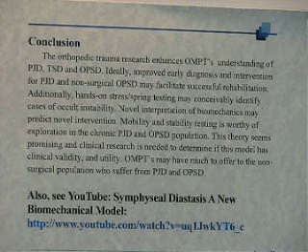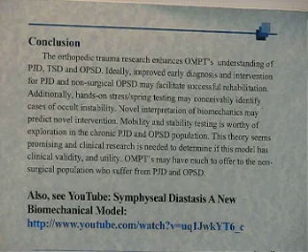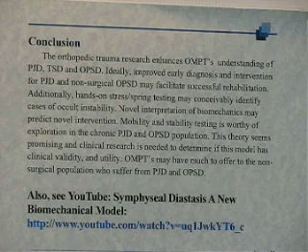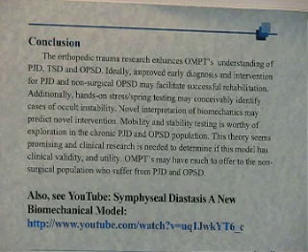Ideally, improved early diagnosis and intervention for pubic joint dysfunction and for non-surgical obstetric pubic symphyseal diastasis and traumatic diastasis may facilitate successful rehabilitation. Additionally, hands-on stress testing, spring testing may conceivably identify cases of occult instability.